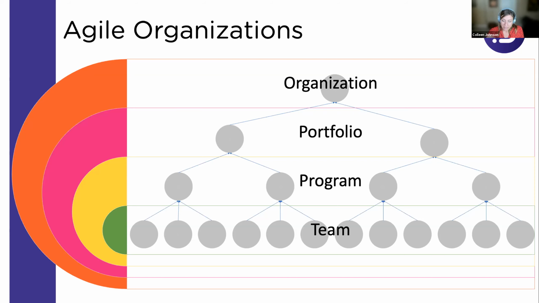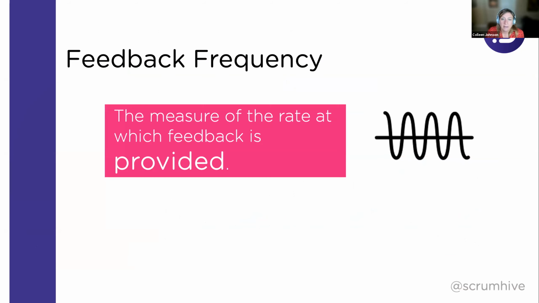When we think about this, let's think about this in terms of frequency. So think of your team here and how frequent are their retros, right? What's the rate at which that feedback is provided? I would guess for most of the teams we're talking about, it's every 2 weeks. Maybe some teams are doing it monthly, some teams might be doing it weekly, but I think 2 weeks is pretty much the standard for your retro cadence.